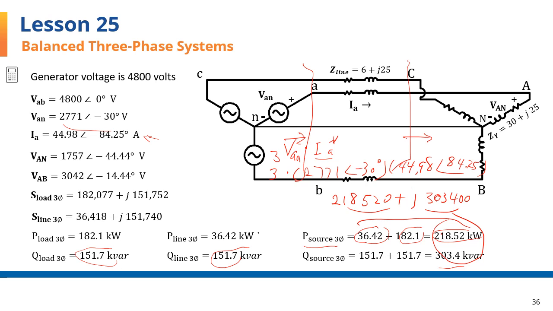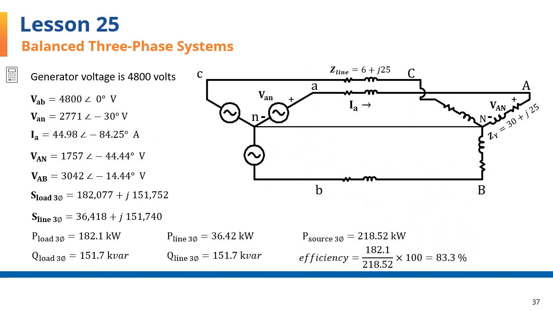We'll use the real power for it, and here it is, 182.1, the real power of the load, and 218.52 was the real power that the source put out. The ratio times 100 comes to 83.3%, which is the efficiency of the whole system.